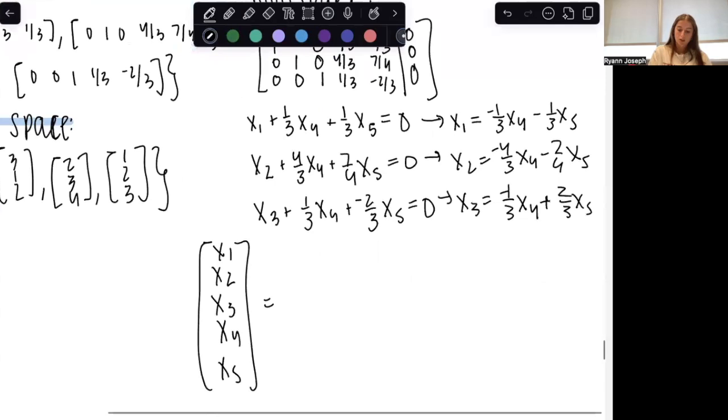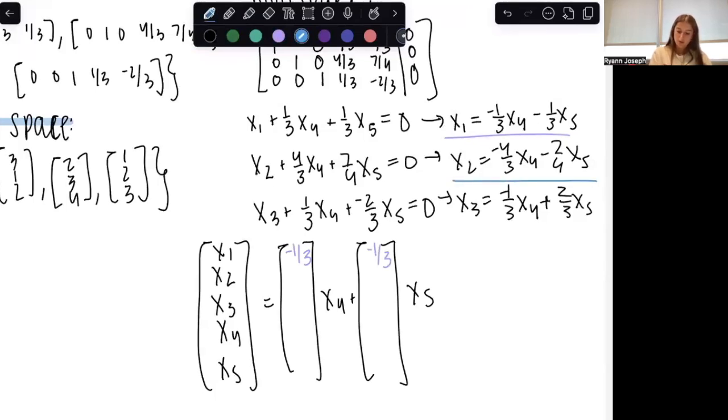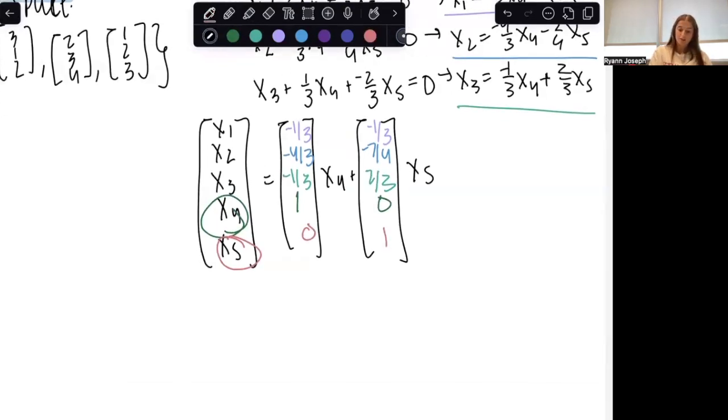So I need a column for x4 and a column for x5, and then I can fill in from there. x1 is equal to -1/3 x4, -1/3 x5. x2 is equal to -4/3 x4 minus 7/4 x5. x3 is equal to -1/3 x4 plus 2/3 x5. And remember that x4 is equal to itself, and x5 is equal to itself. And that is the basis for your null space.